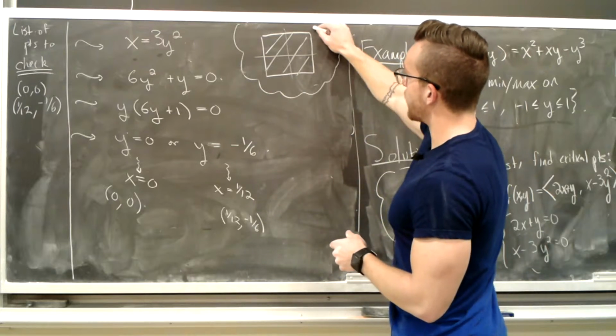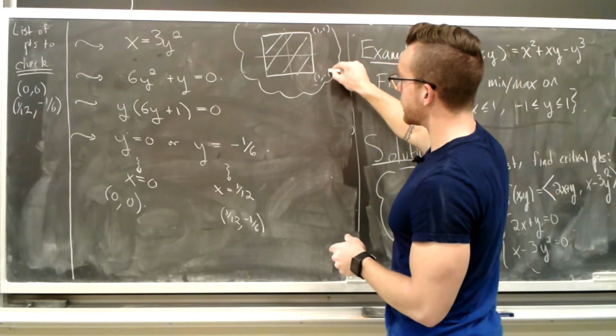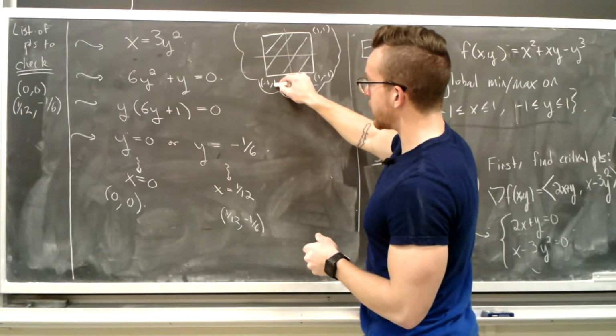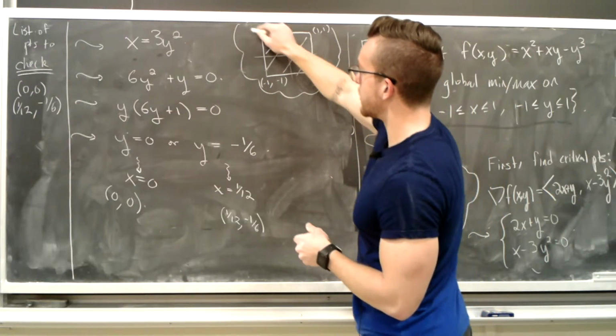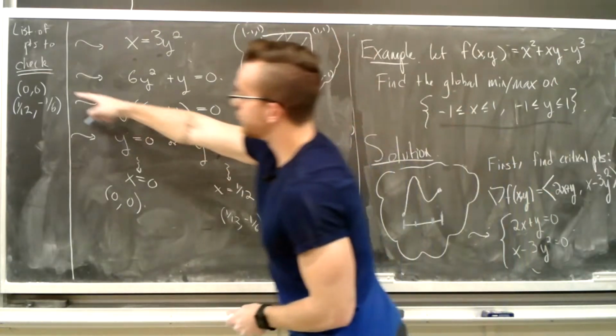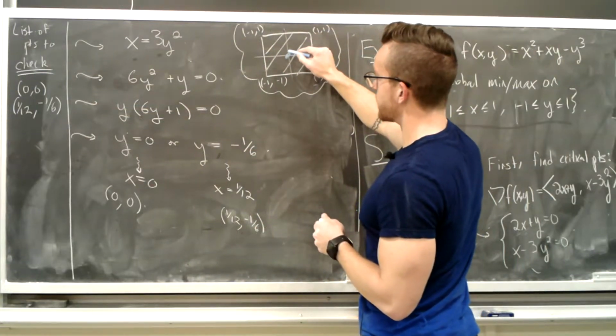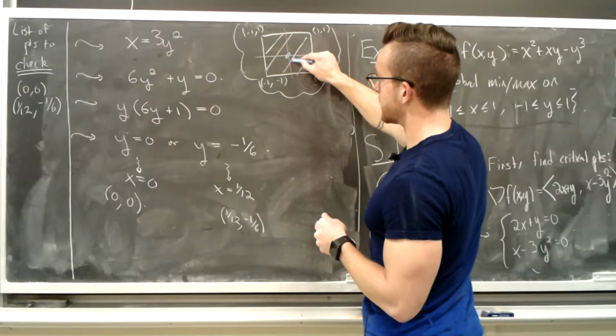And it has corners, for example, (1, 1), (1, -1), (-1, -1), and (-1, 1). And so far, we've found 2 points that we care about, (0, 0) and then this other ridiculous point, which is like here.